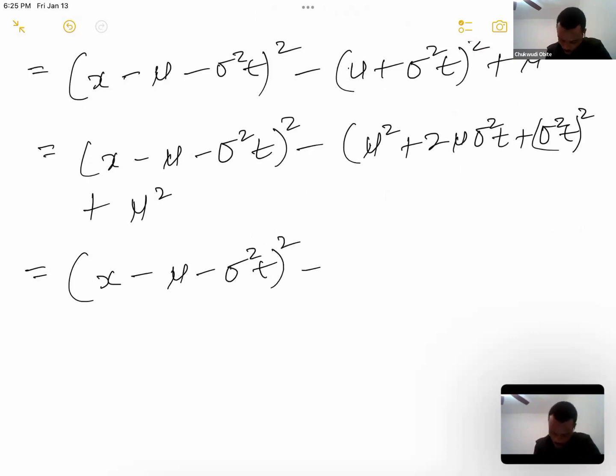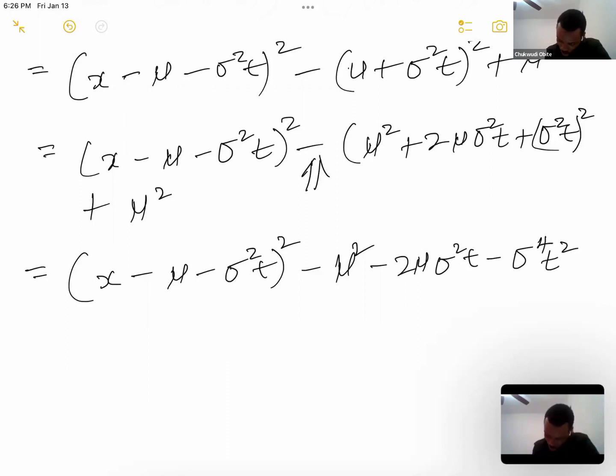Minus mu square. So I'm using this negative sign to multiply everything. Minus 2 mu sigma squared t, and minus sigma 4 t squared because of this square, then plus mu square.